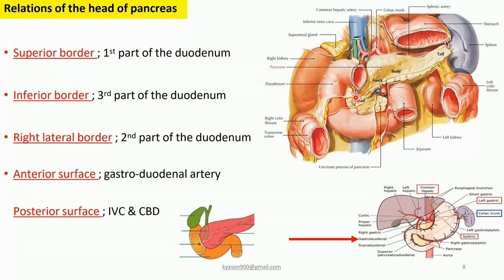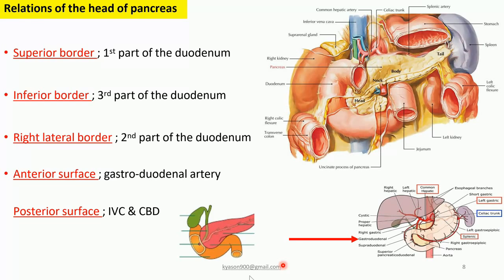Anteriorly, you can see this vessel that's going down here. This is the gastroduodenal artery. This artery, last time we said it's a branch of, yes, very fast, anyone to tell us? The gastroduodenal artery is a branch of the common hepatic artery.